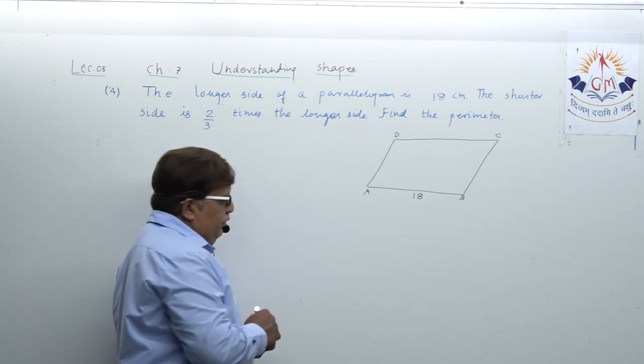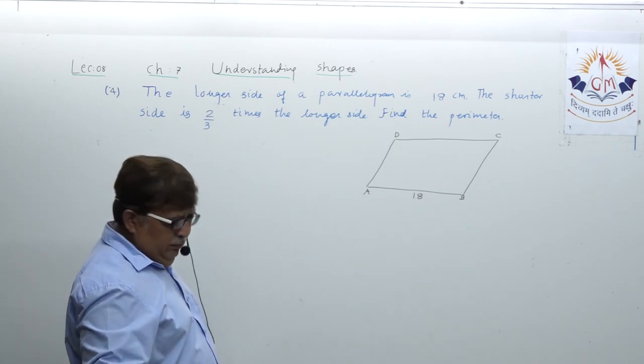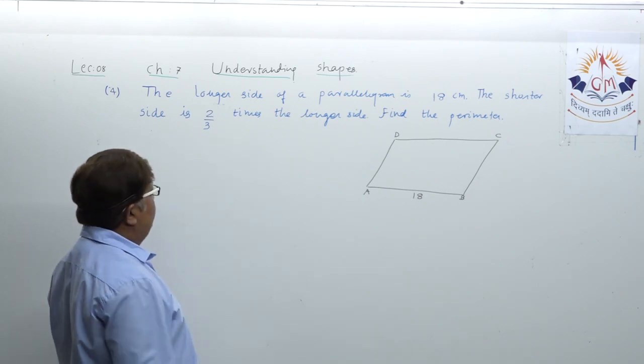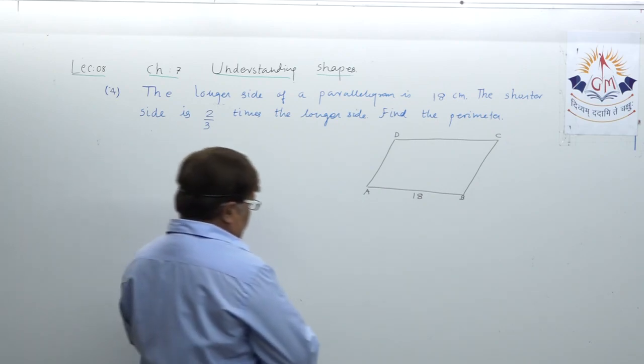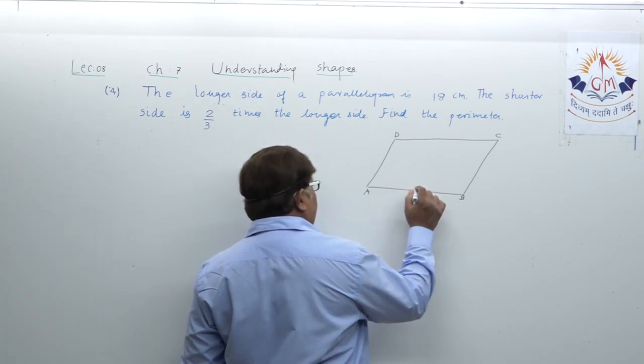There is relation for the shorter side to longer. What is that? Shorter side is 2 upon 3 times the longer side.